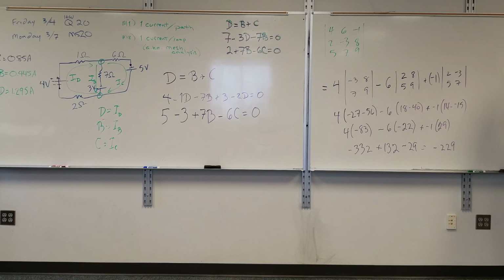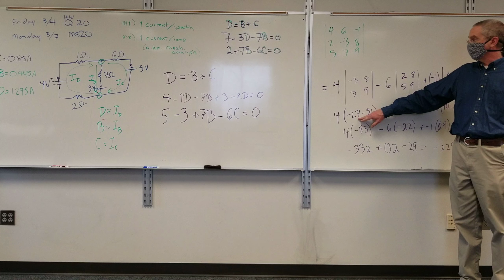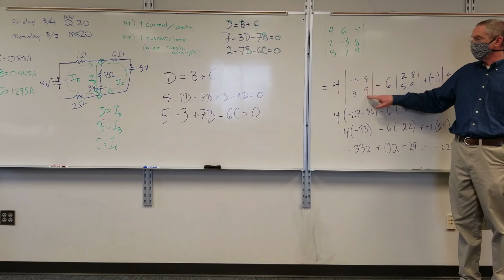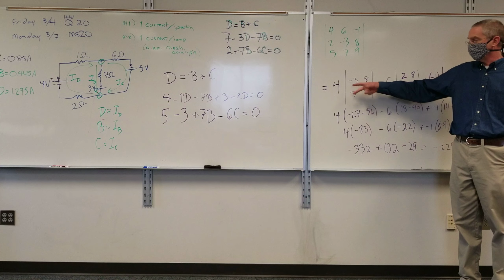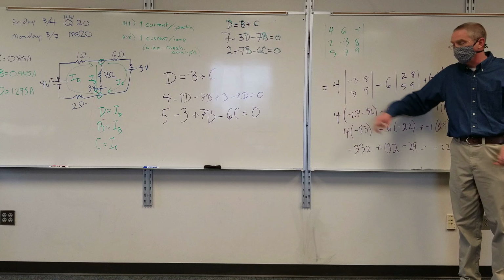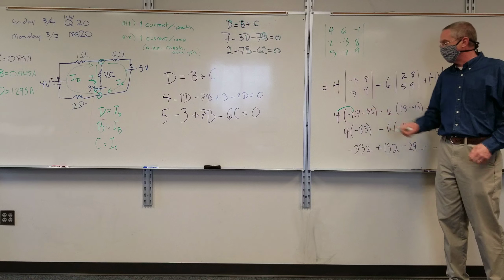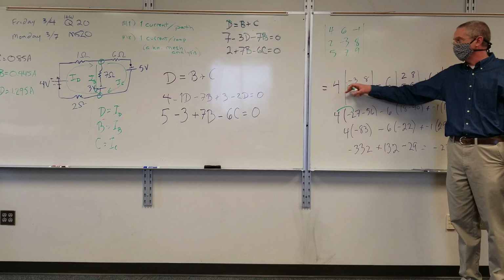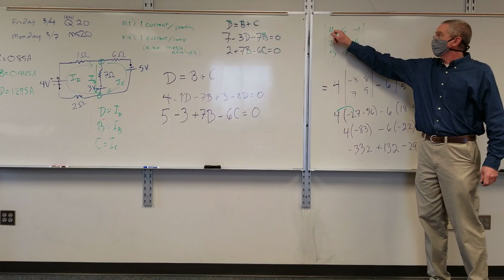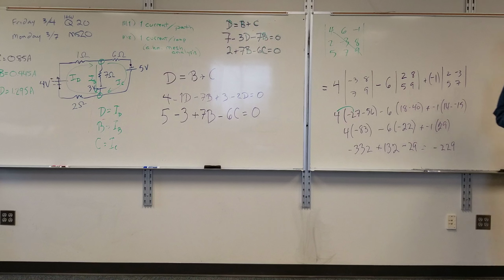The shortcut. Recognize that this negative 27 here comes from negative 3 times 9. I combined this first, but I could have distributed. I could have done 4 times negative 27, which would just then be 4 times negative 3 times 9, which is that diagonal right there.